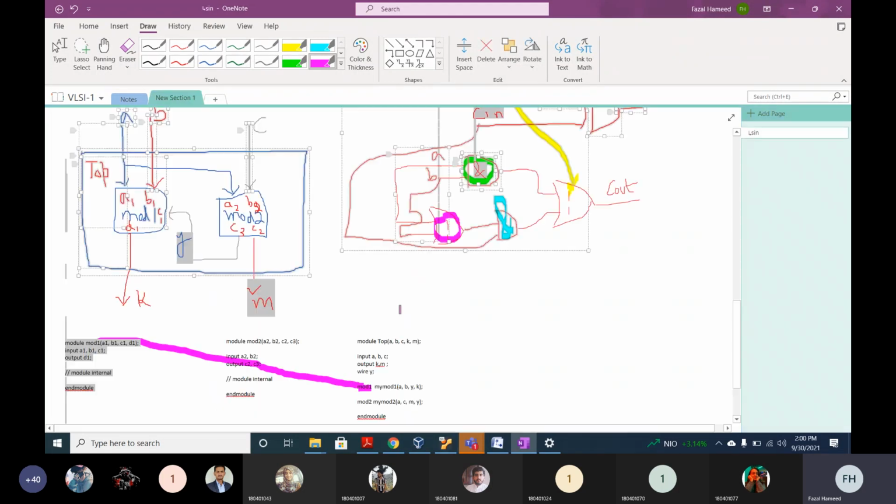So it is also possible that mod 1 may be designed by one engineer, and mod 2 by a second engineer. One student asked me about a system designer. The system designer takes module 1 from designer 1 and module 2 from designer 2, and then connects them to realize the complete system.